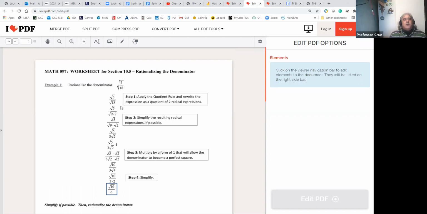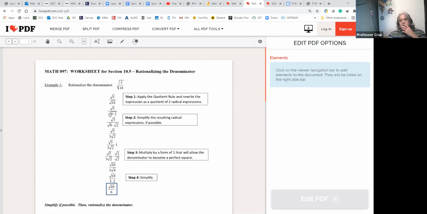Now, we could go ahead at this point and multiply numerator and denominator by the square root of 18. But we would have something pretty messy because 18 times 18 is a pretty big number, and then we would have to break that down accordingly. So the best thing to do, if it's not already broken down like the square root of 18, is to go ahead and do that first.